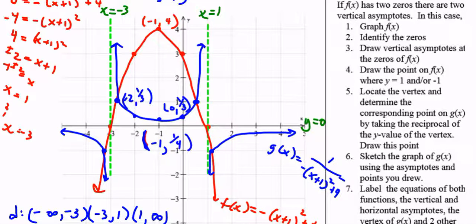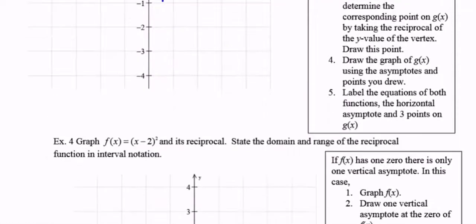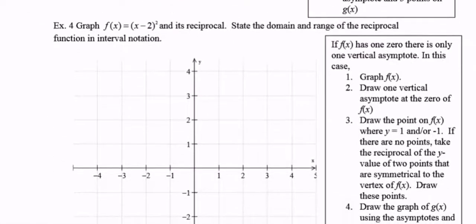So now we're going to do our third example of a quadratic. It's really our fourth example because we did a linear reciprocal first. But in this particular example, you can see we have f of x equals x minus 2 squared. Well, if I graph that in red, I'm going to end up with a vertex at 2, 0.